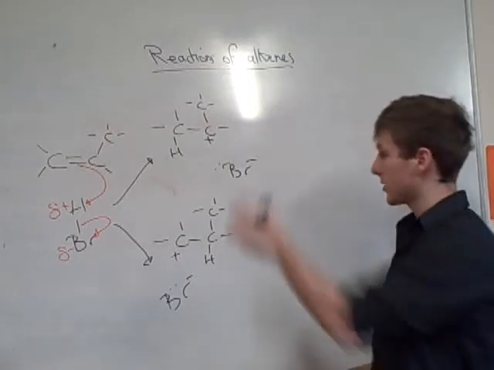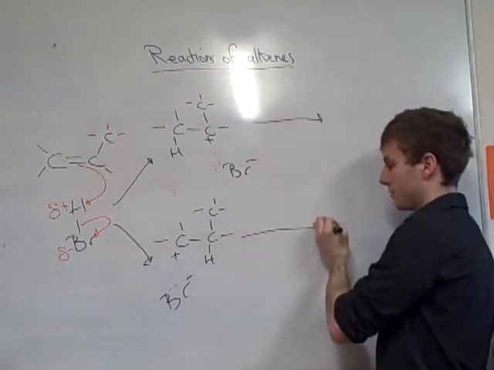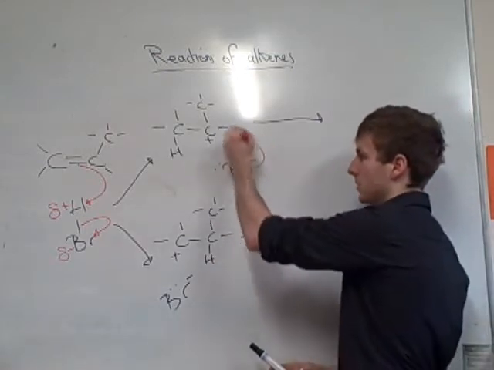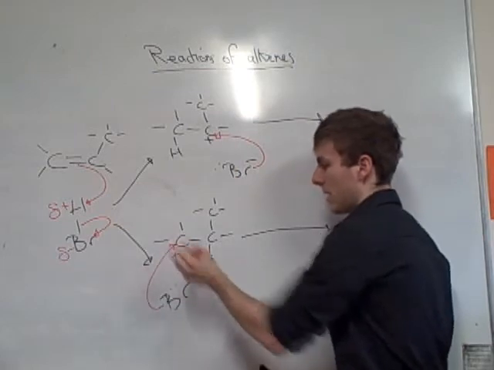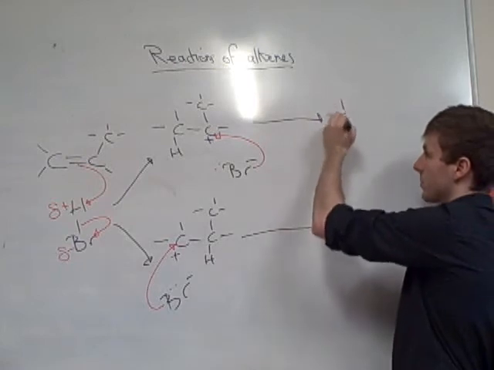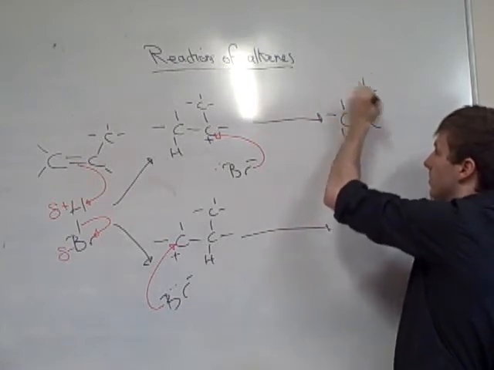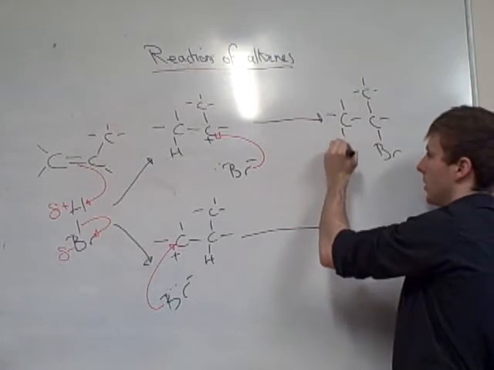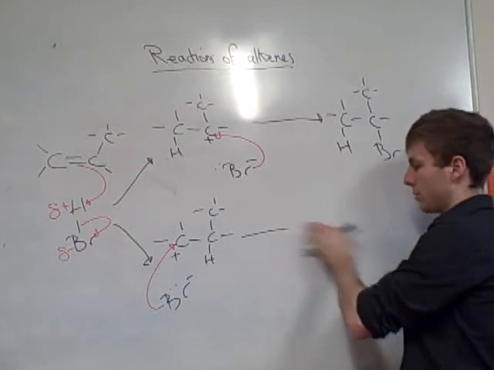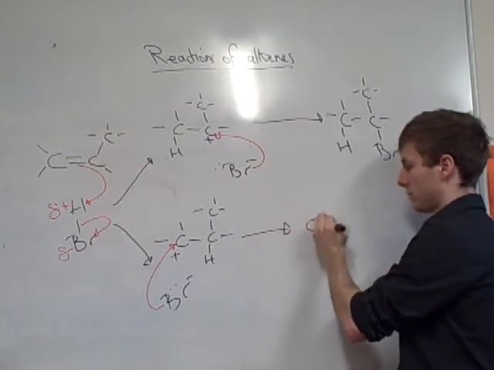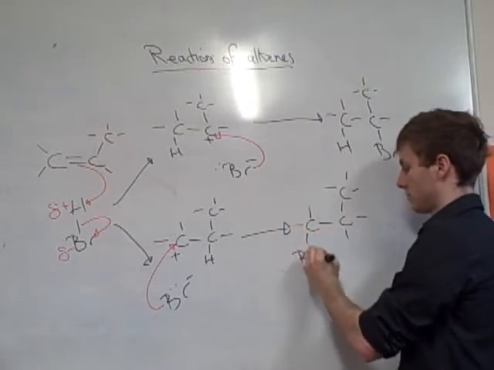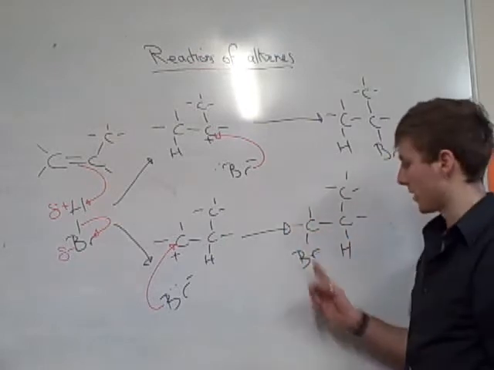And then just like in the last reaction, your bromine, since it's a nucleophile, will attack the carbon and make a bond to it. So we're going to end up with one of these two things. Either we'll end up with that, with the bromine attached to this side, or we'll end up with this, with the bromine attached to that side.